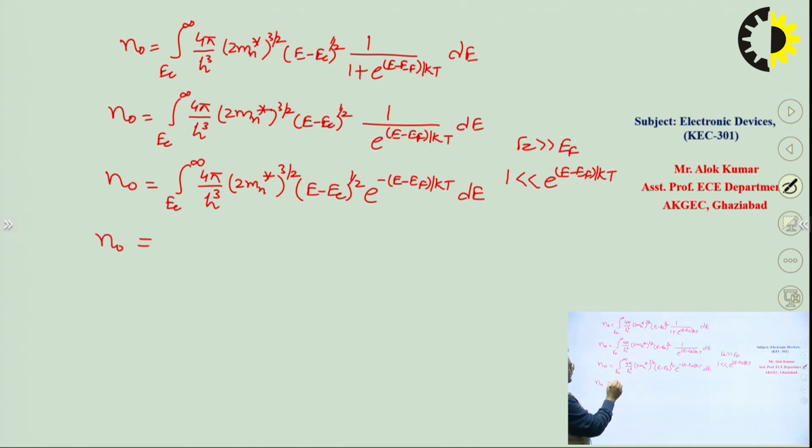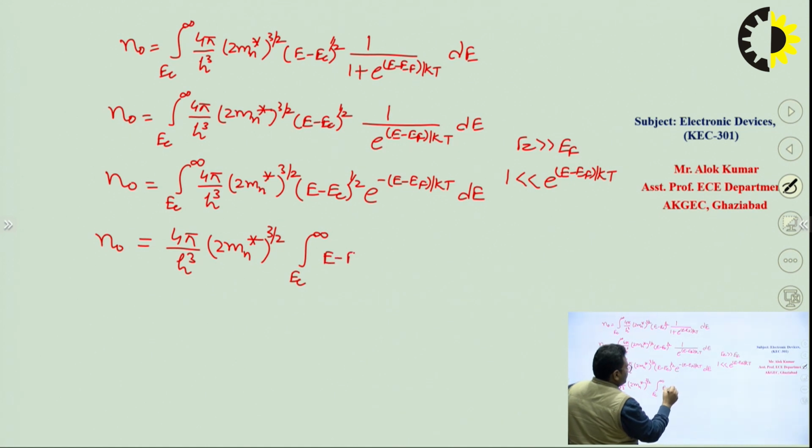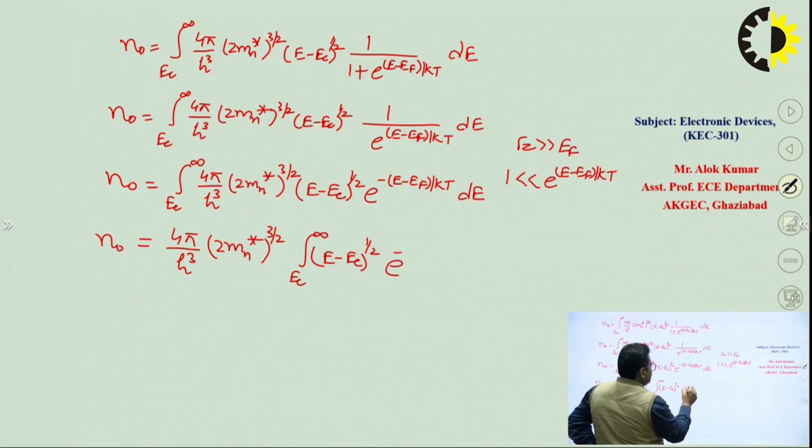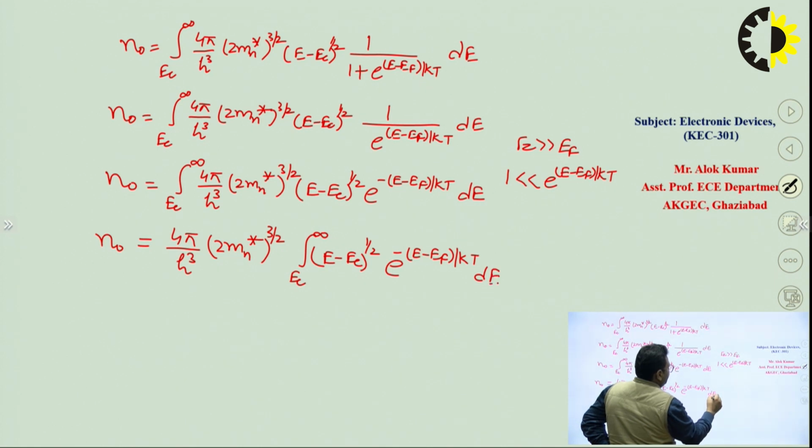So N naught will be 4 pi upon h cube into (2 m n star) to the power 3 by 2 and the integral from EC to infinity of (E minus EC) to the power half and e to the power minus (E minus EF) upon KT with respect to dE.